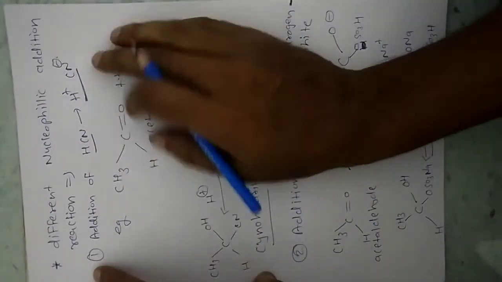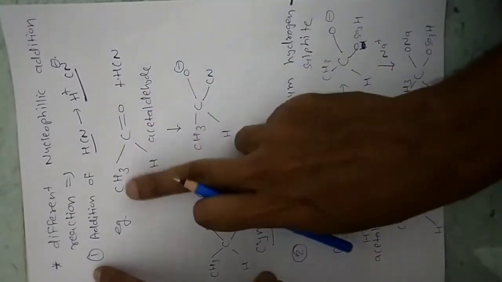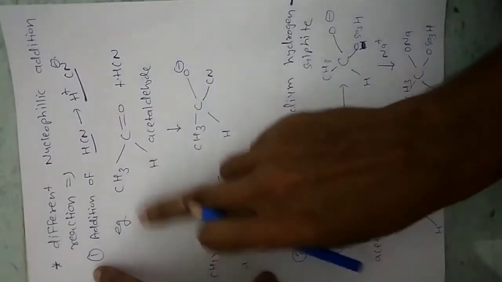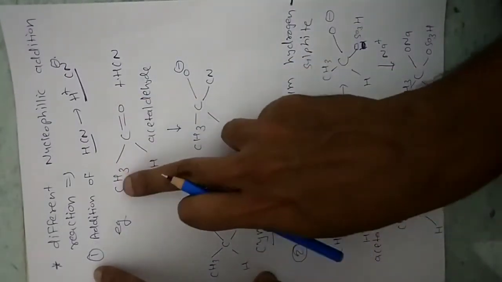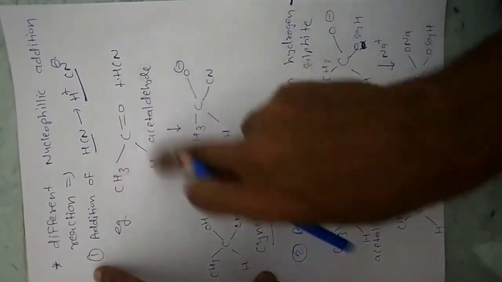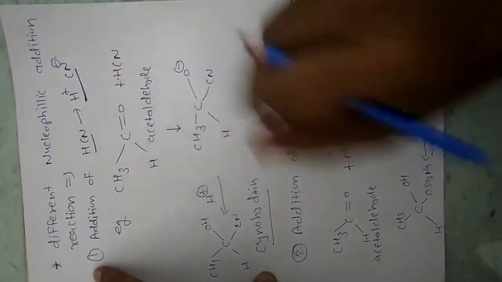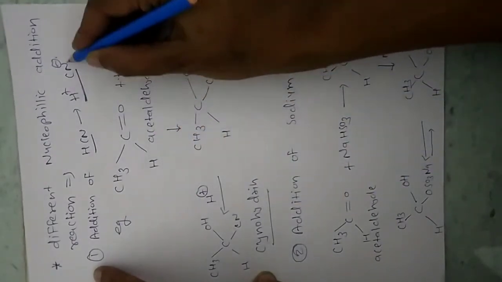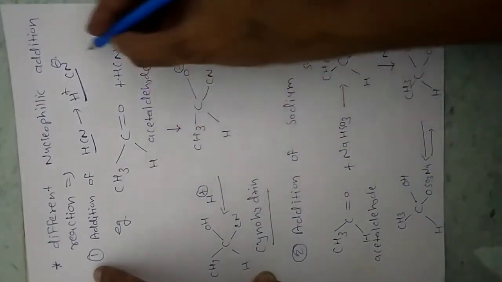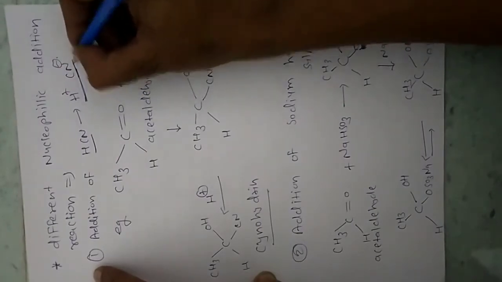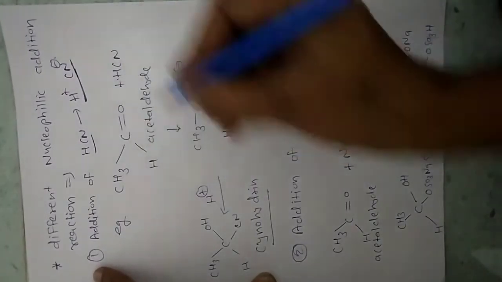When it reacts with an aldehyde or ketone, here I have taken acetaldehyde, CH3CHO. When it reacts with hydrogen cyanide, what happens here? H plus and CN minus ions are there. CN minus will attack on carbon.